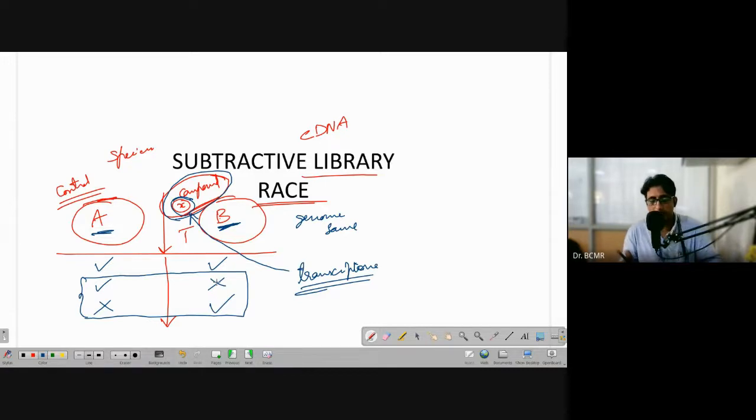Otherwise, the same cell type from the same organism with the same genome should have the same transcriptome if it is grown in the same culture medium. But this one difference is compound X.